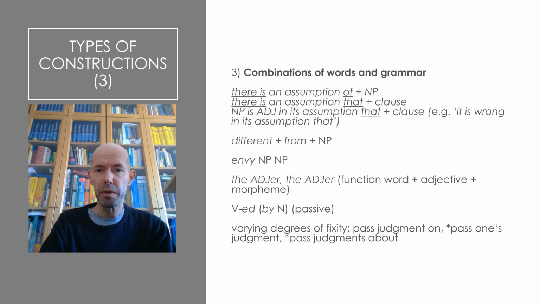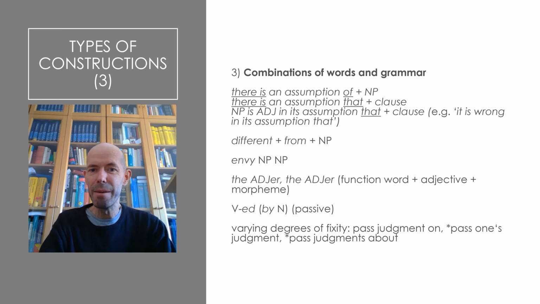The third major type of construction is the combination of words and grammar. So for instance, if you look at the second example here, that's something you might have encountered before or might remember from your school days, where we have different plus from. So there's a word here, different. It's used with the preposition from, and then any kind of noun phrase. This could be different from the school, different from the system, different from the word, whatever, it doesn't matter.